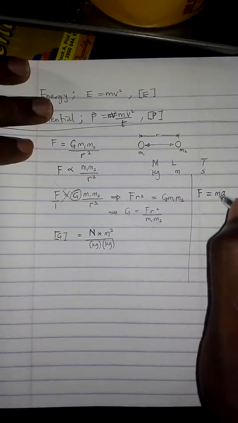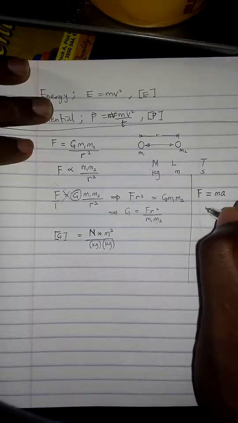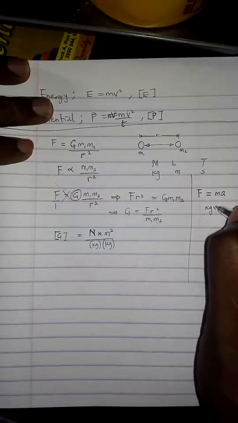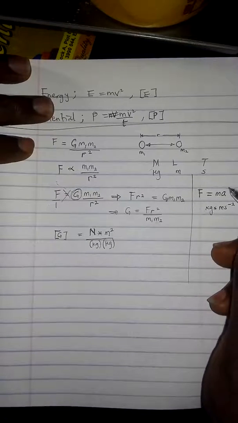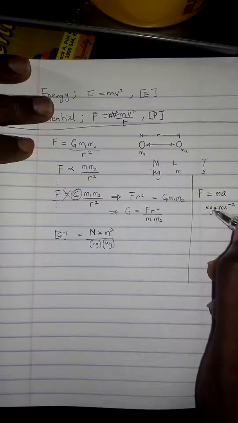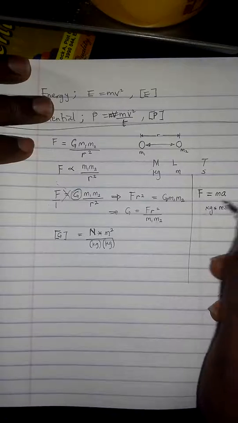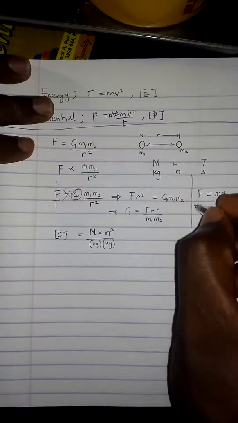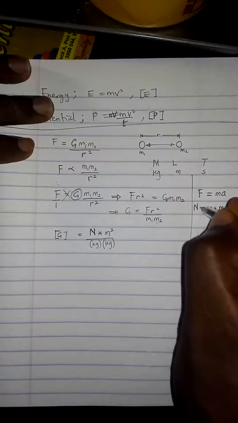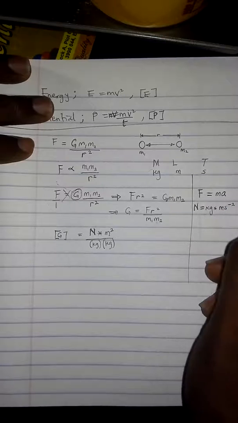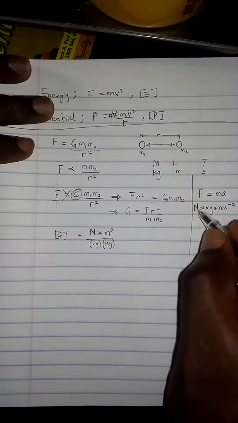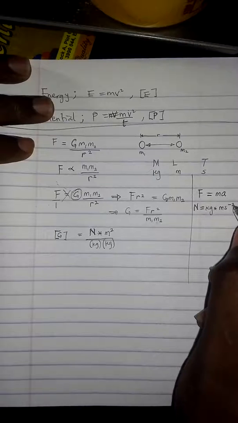Mass is measured in kilogram, multiplied by acceleration, which is measured in meters per second square. So the unit of force is equivalent to kilogram meters per second square. So Newton, which we usually call the unit of force, is actually equivalent to this. Wherever you have Newton, you can replace it with kilogram meters per second square based on this relationship.